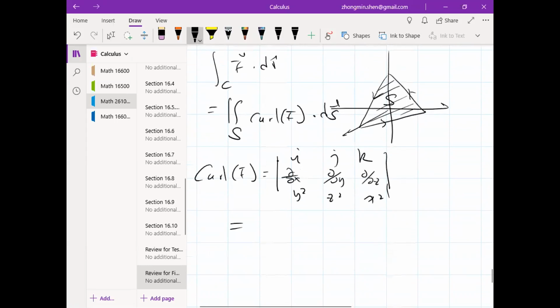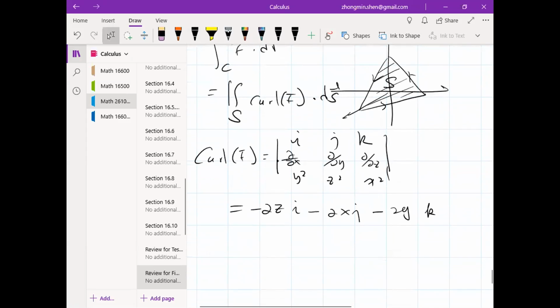So you will get negative 2z i, minus 2x j, minus 2y k. Yeah, you can do that.